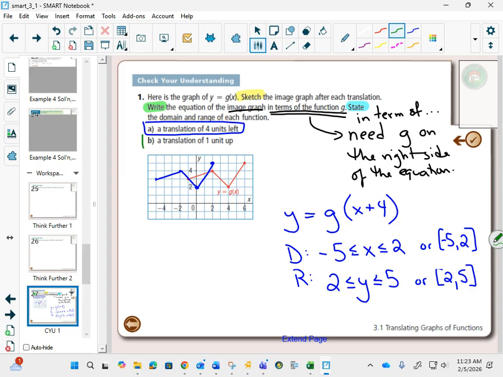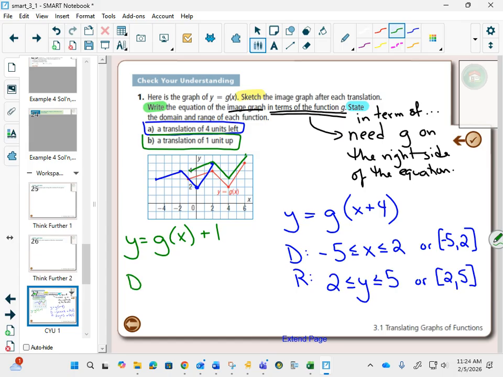Okay, B. Translation 1 unit up. I take each of my points and shift them 1 unit up. Play connect the dots, no problem. Now this equation in terms of g is outside the function, so that +1 happens after. That would be a translation 1 up.